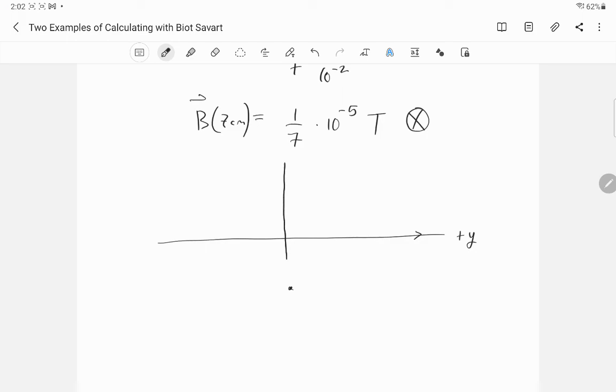So let's put the z-axis here. And the wire is heading along the positive y-axis, right? Here's the current. The question is about a point down the z-axis, 7 centimeters below the origin, along the z-axis, right? The question is what direction is the magnetic field in terms of i hat, j hat, k hat.